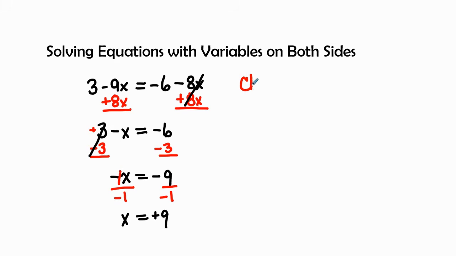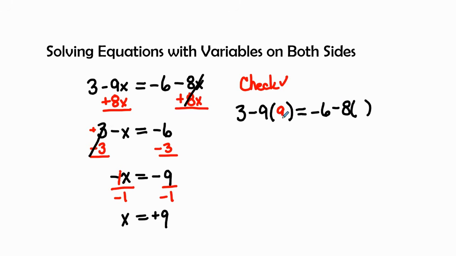So let's go ahead and check my work. And so I have 3 minus 9, and in place of the x, I'm going to put parentheses. So I'm going to put this positive 9 in, equals a negative 6 minus 8, open parentheses, close parentheses, for that positive 9.